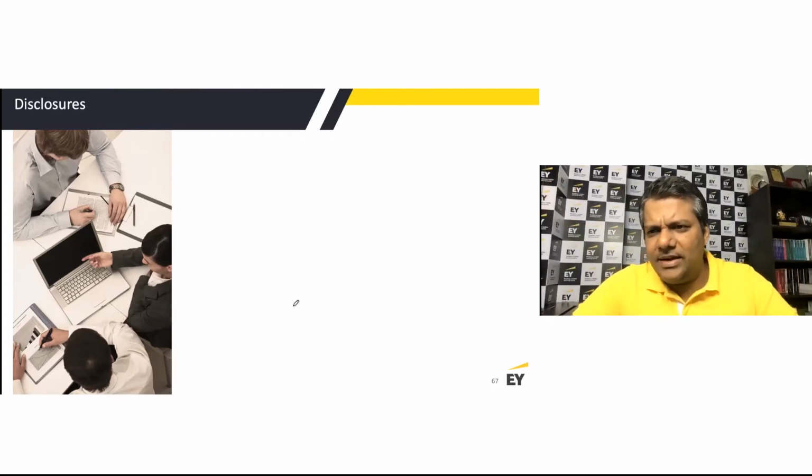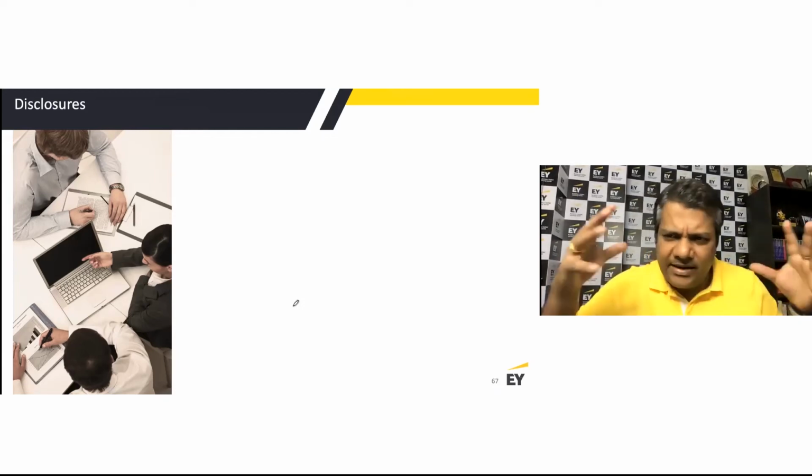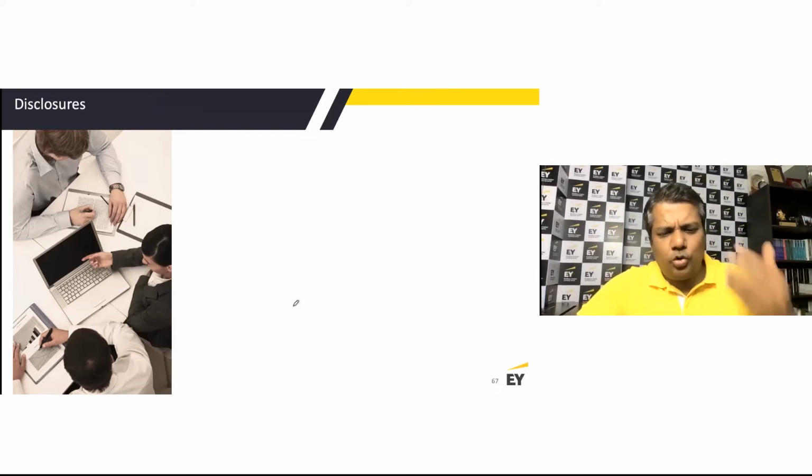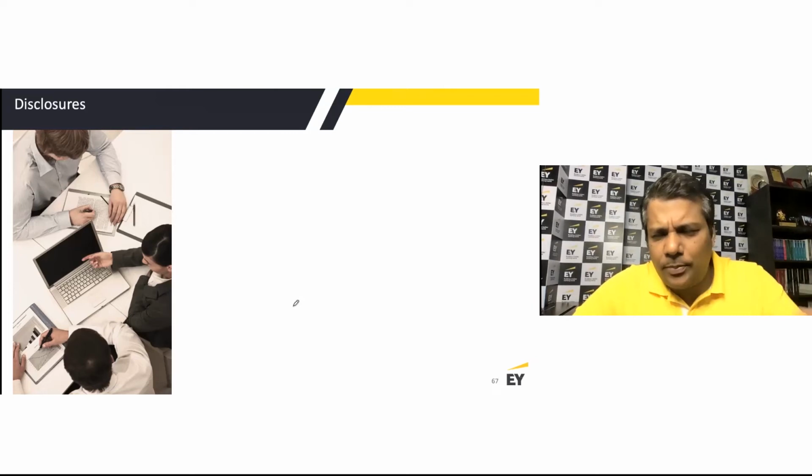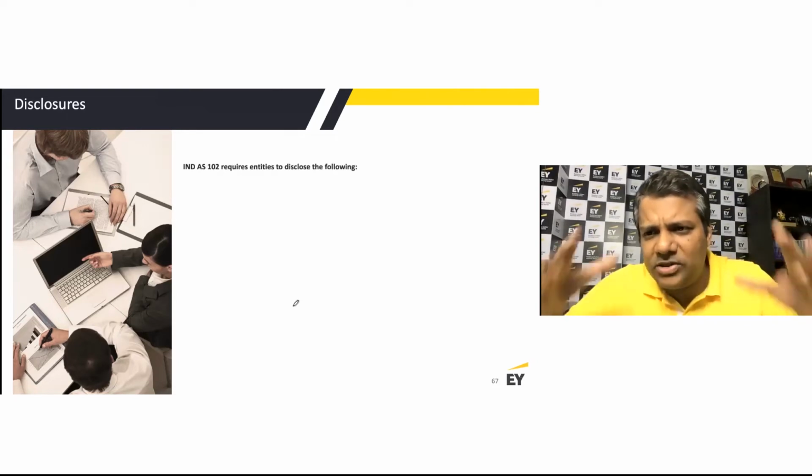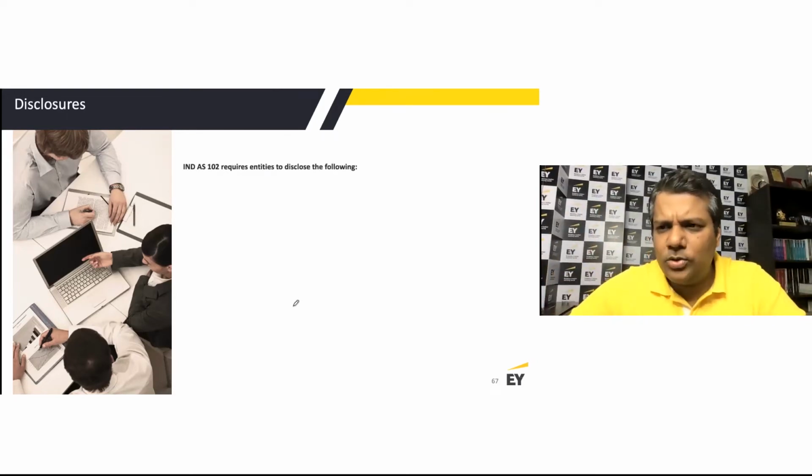I would encourage each one of you to get your principles clear and do a lot of practice of the type of questions which are coming. The more practice you do, the clearer your concept will be.